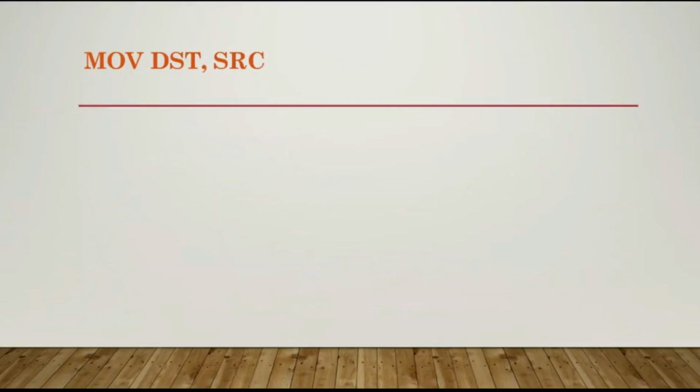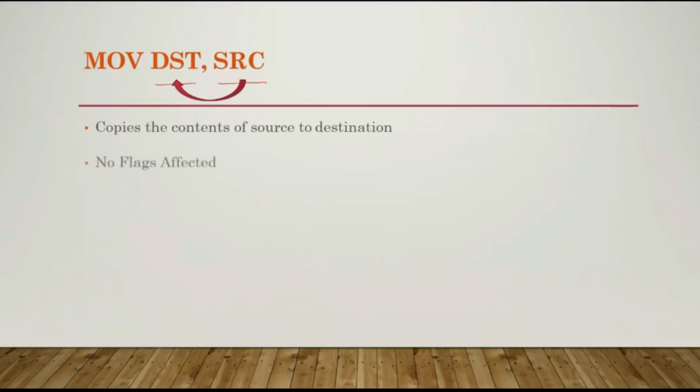Now, when we write move destination, comma, source, the first data you are writing is your destination, and the second data is your source. So what this instruction does is it copies the content of source to destination. As it is a data transfer instruction, it does not affect any of the flags.